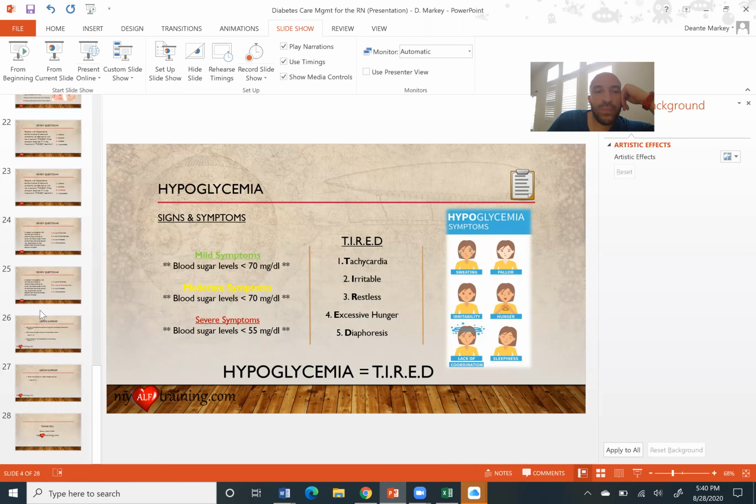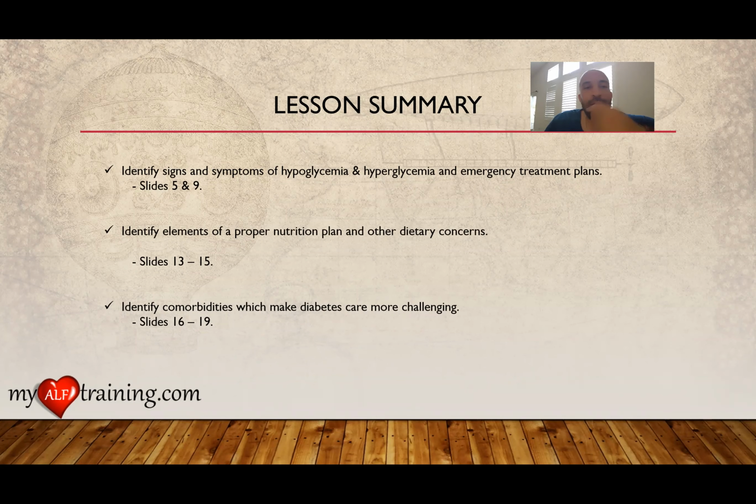So we checked off all of our objectives today. Identifying signs and symptoms of hypoglycemia and hyperglycemia, and what to do if we notice our patient's blood sugar is really high and they're in DKA, and what to do if the patient's blood sugar is really low. We talked about giving them 15 grams of carbohydrates, rechecking their blood sugar in 15 minutes, and repeating the process if their blood sugar isn't above 70.